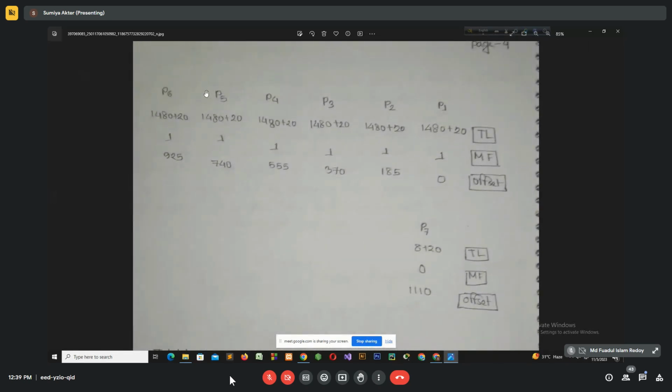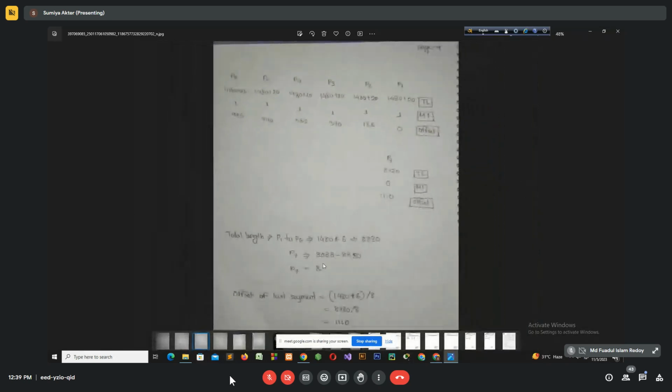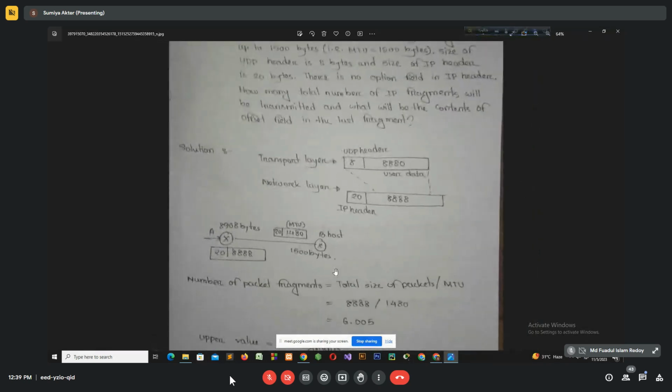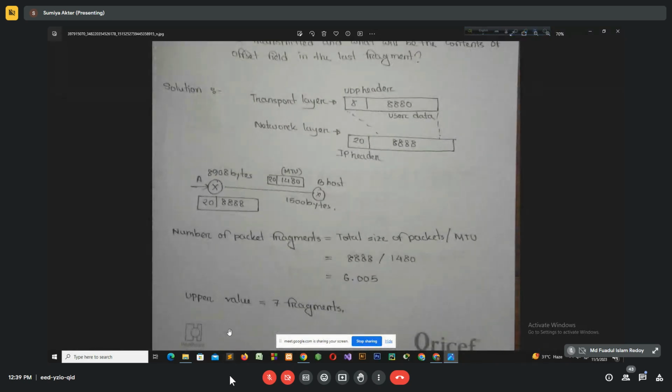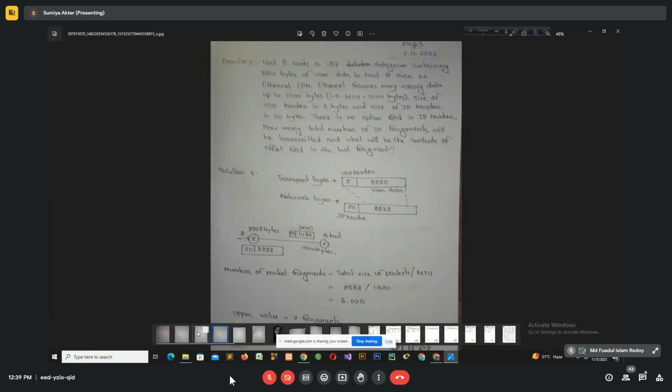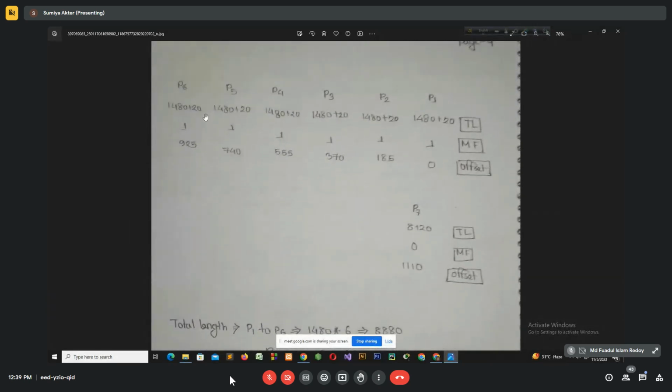We got the upper value 7 fragments here, and then we have to divide it into 7 fragments: P1, P2, P3, P4, P5 to P7. Here is also P6. Now we have to find the total length, more fragments and offset.